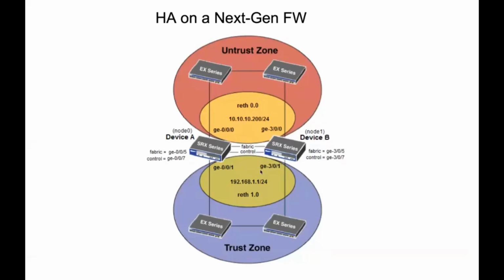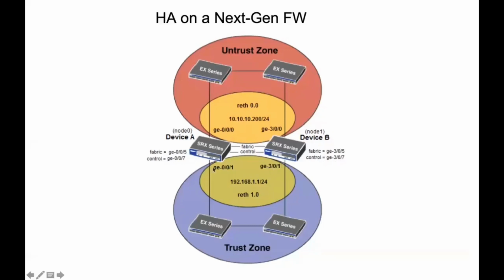So in case your secondary device needs to take over the primary role, it should have a session table which is the same as the one you had on the primary device. And the fabric link is just able to forward traffic when you have an active-active scenario. I will explain what an active-active versus an active-passive HA deployment is a little bit later.